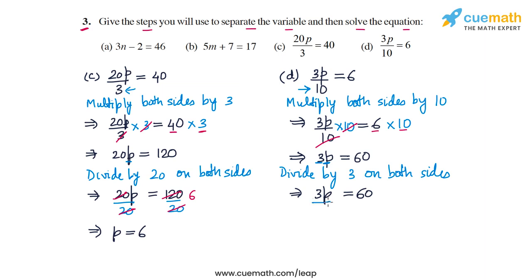We are going to divide both of these by 3. So this is what we get. Now the 3's cancel out and 60 by 3 is 20. So we obtain p is equal to 20. This is the solution of the equation in part D. And with that, we have completed question 3.